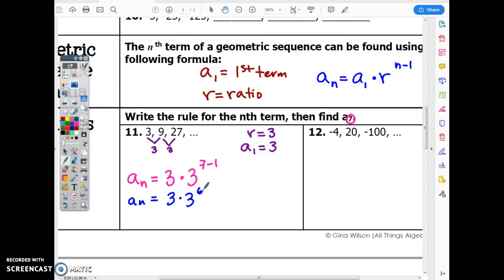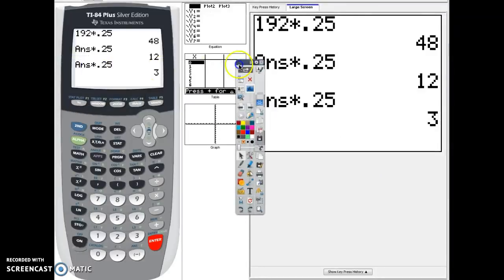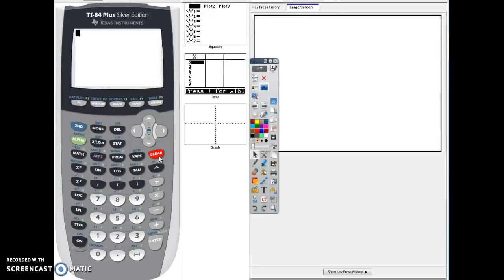And if you put that in the calculator, what does it give you? So let's go put that in the calculator. Here we go. I have 3 times 3 to the power of 6. So we need a little caret to the power of 6. Enter. 2,187.